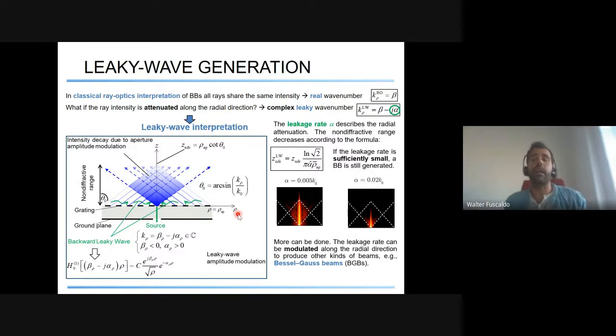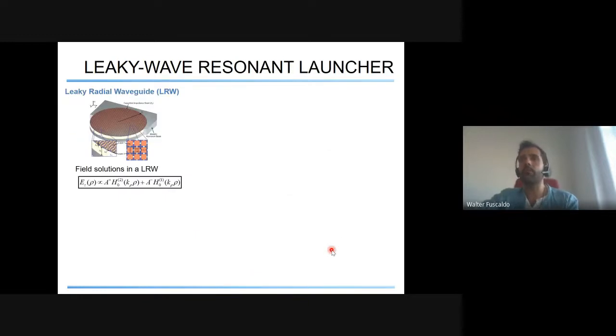This opens up a lot of possibilities. One is to modulate the attenuation constant along the radial direction to get a Gaussian envelope, and then to realize the so-called Bessel ghost beams. This is just one possibility that I wanted to mention, but we will not see that in this seminar.